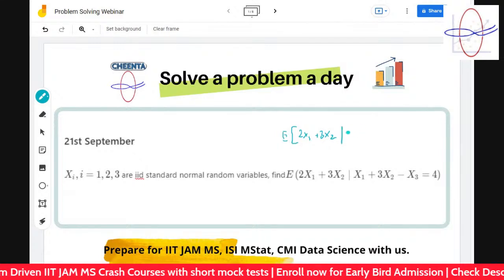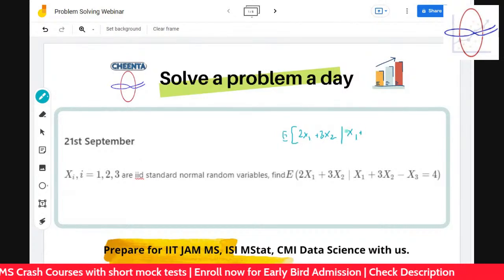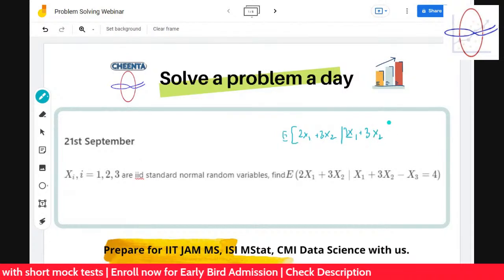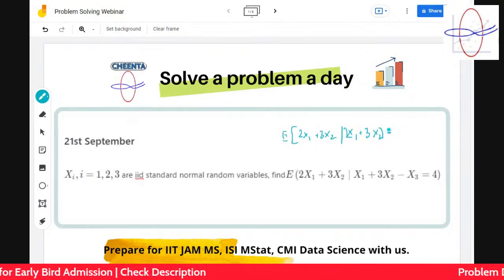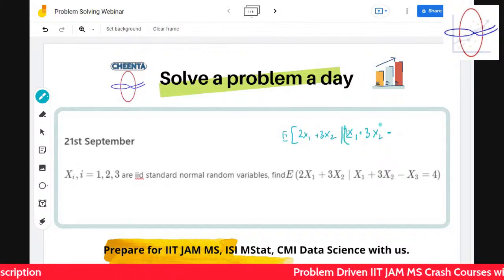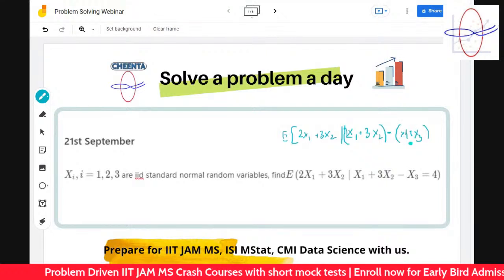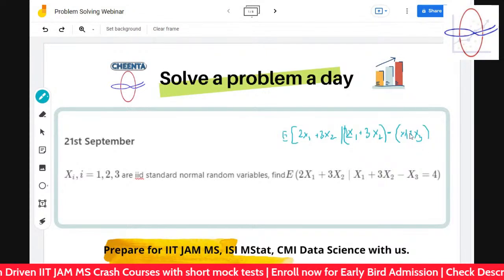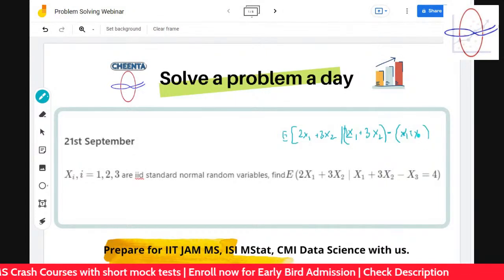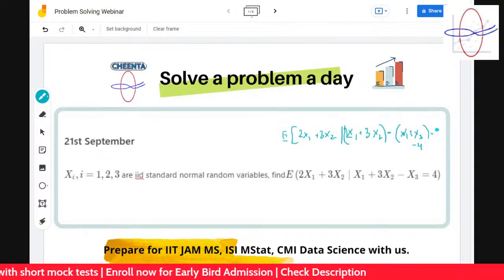This is x is equal to twice x1 plus thrice x2, minus, or rather equal to, let's say minus, x1 plus x3 minus 4 is equal to 0.